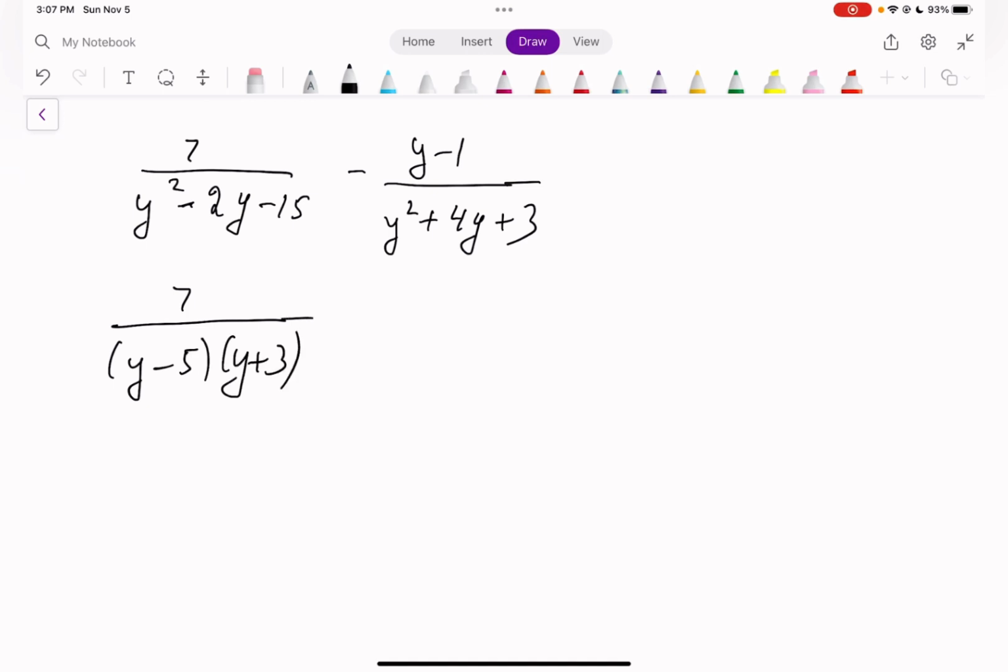Because I have negative here, that means the biggest number has to be negative. Negative 5 plus 3. Next, y squared plus 4y plus 3. This one is going to be 3 and 1, right?